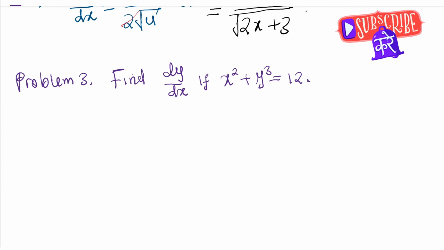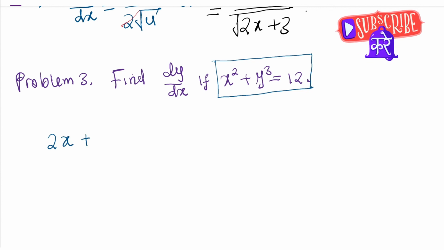Next we are going to find dy dx given that x squared plus y to the power 3 is equal to 12. Now we are going to apply implicit differentiation. So in x, we differentiate normally, which is just 2x, then plus, in y, we differentiate normally, which is 3y squared. Then we multiply it with the derivative of y with respect to x.